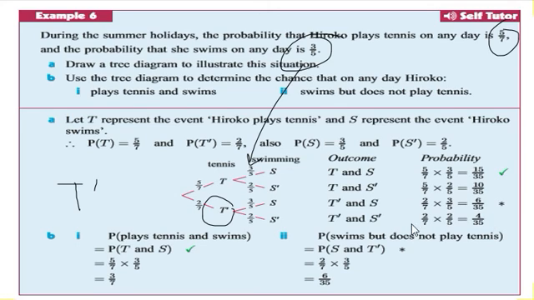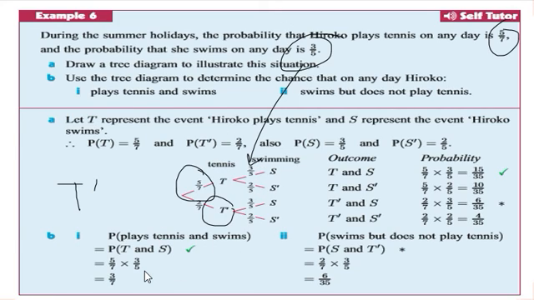Okay, so you just have to multiply the data here that you have. 5 out of 7 is for T and then 3/5 is for S. Okay, and so on and so forth. So letter B, use the tree diagram to determine the chance that on any day Hiroko plays tennis and swims. So plays tennis is 5 out of 7 times 3/5, and swims, so that's 3/5.